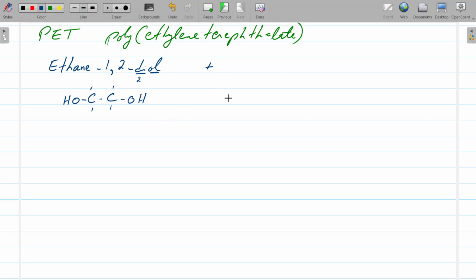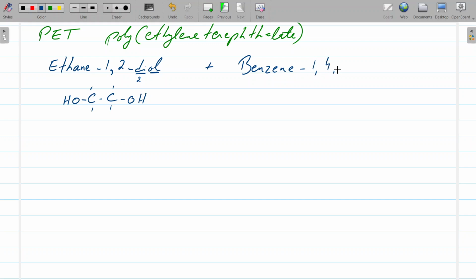And you are reacting this with benzene-1,4-dicarboxylic acid. Now benzene is something, if you choose to take chemistry at A level, it's a 6 carbon molecule and it is a world of its own. It is a cyclic molecule, which obviously I will not go into any detail of.